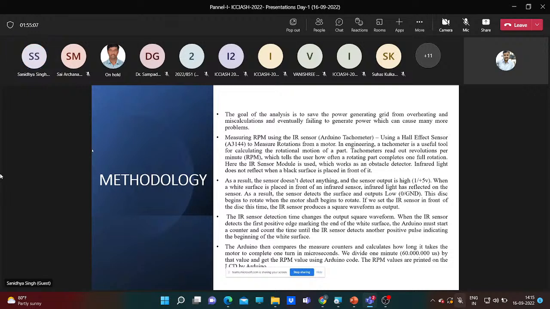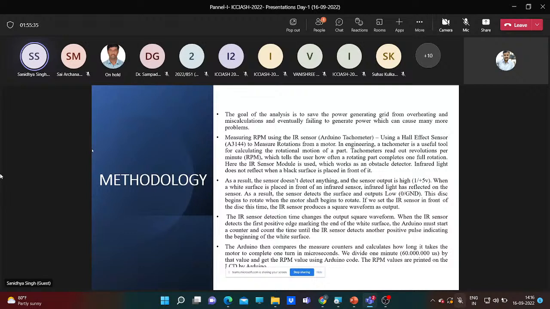In our proposed model, we have used a voltage divider circuit, a relay, to be precise an SPDT relay, an ACS712 current sensor, IR sensors, and so on. We first measured RPM using the IR sensor, which in engineering is called a tachometer.